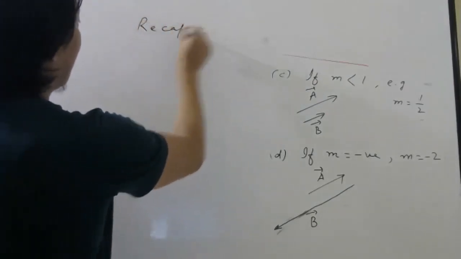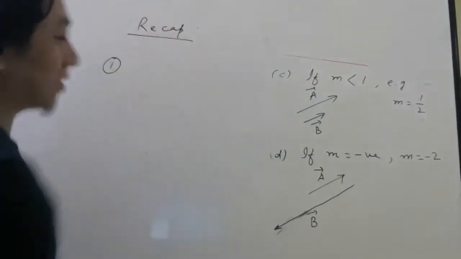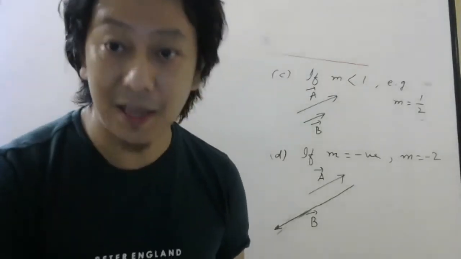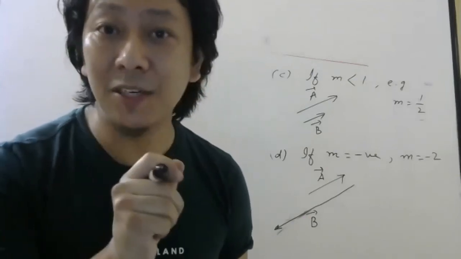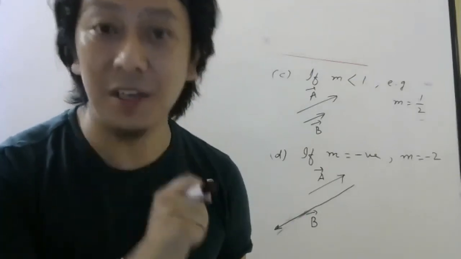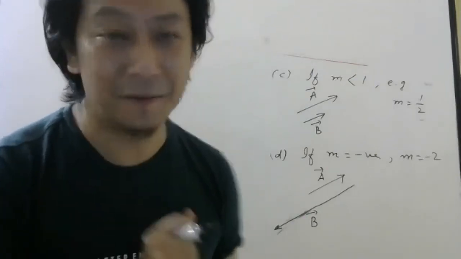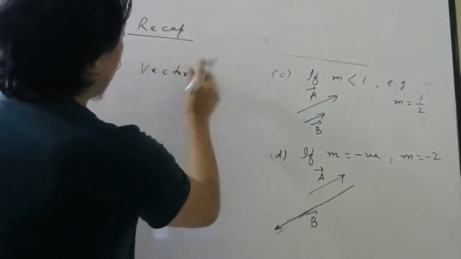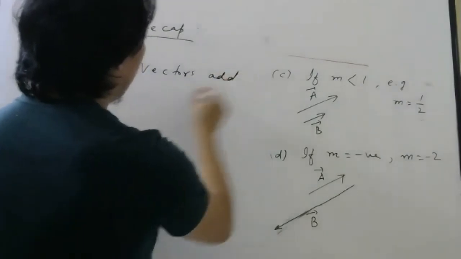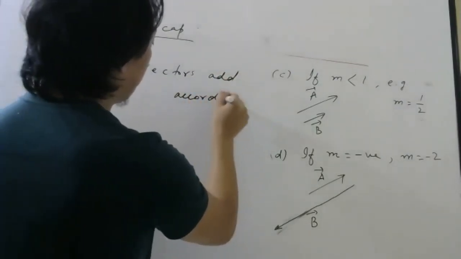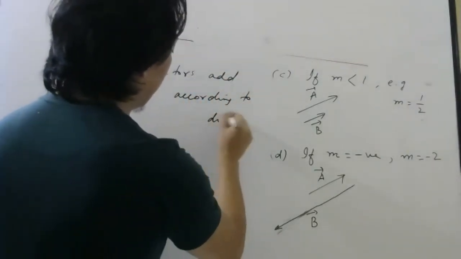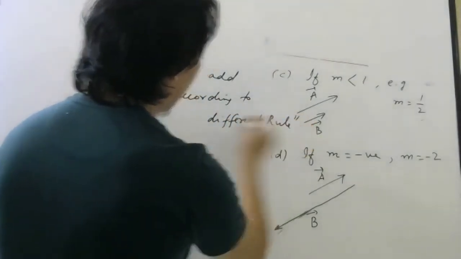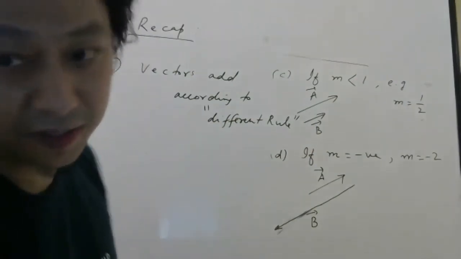Recap. So first thing we studied is vectors have magnitude as well as direction, and they add according to a very special rule which we will be studying later. So vectors add according to a different rule which has not been taught to you in school days.